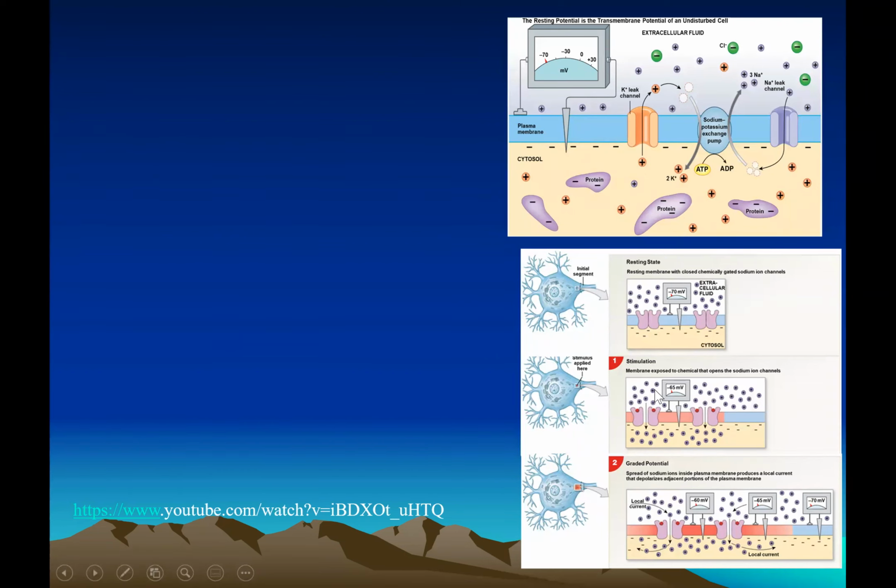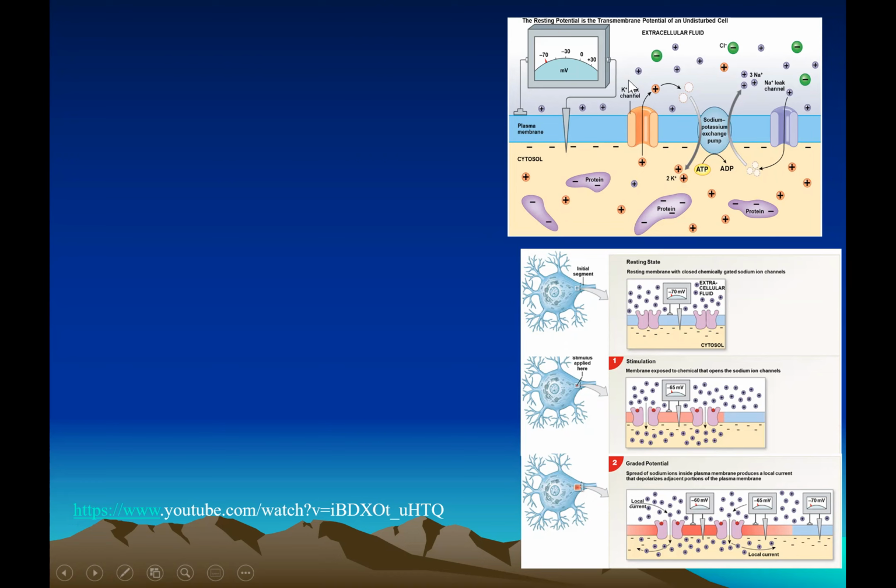This stimulation will then lead to a graded potential. As that depolarization happens, it picks up all along the axon, and the action potential is triggered down the axon.